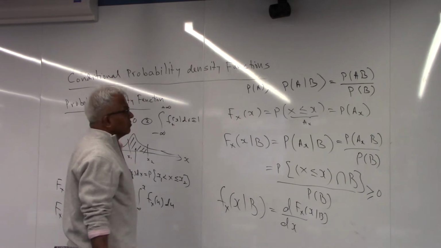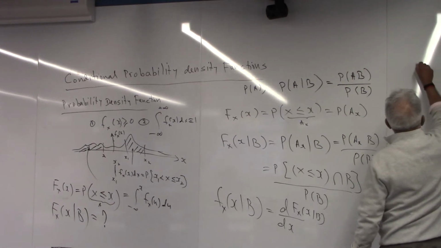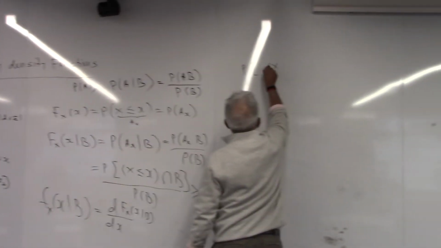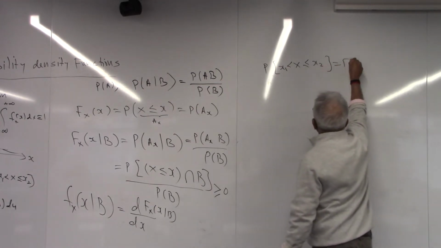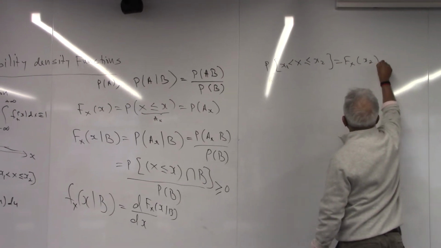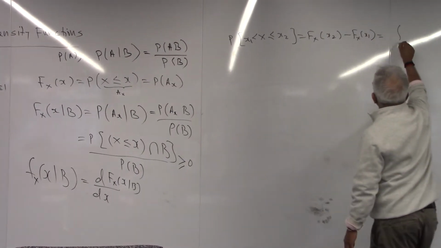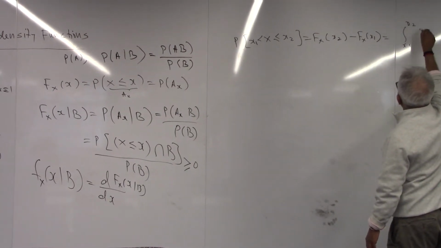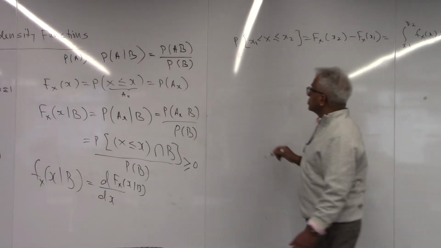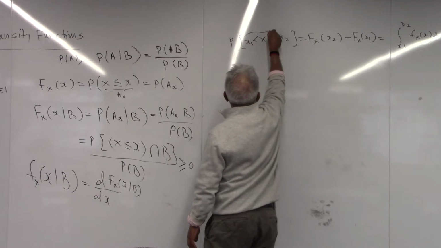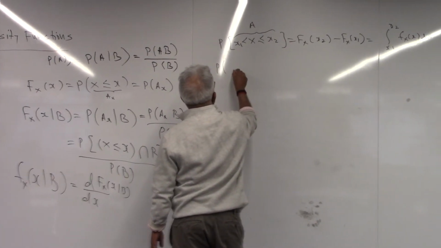So what is the use of this? We can also use this to compute, for example, we know that the probability of X being greater than x1 and less than or equal to x2 is the ordinary distribution function difference, which is the same as the integral from x1 to x2 of f_X(x) dx. So the question is, this is an event after all. Can we do this?